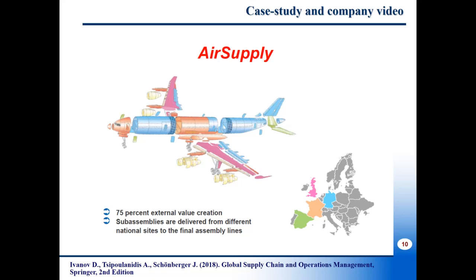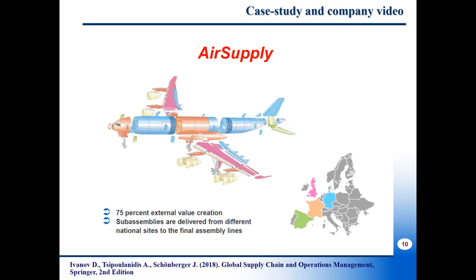One of the reasons why commercial aircraft are all configured differently is that the ordering airlines want to differentiate themselves from their competitors. The easiest way for passengers to spot these differences is by looking at the seats and entertainment systems. With 75%, the value added by external suppliers in aircraft manufacturing is relatively high.